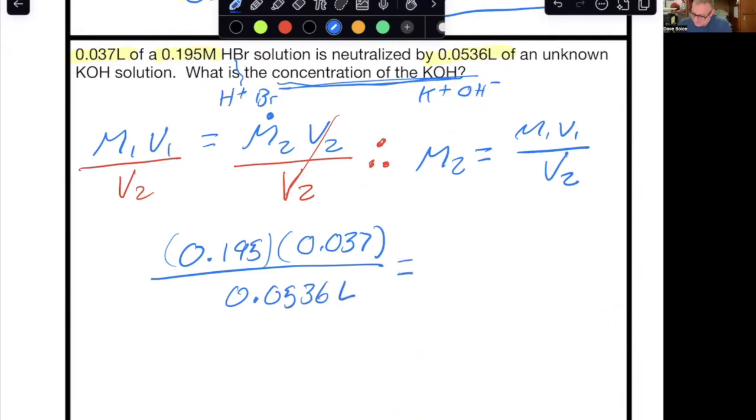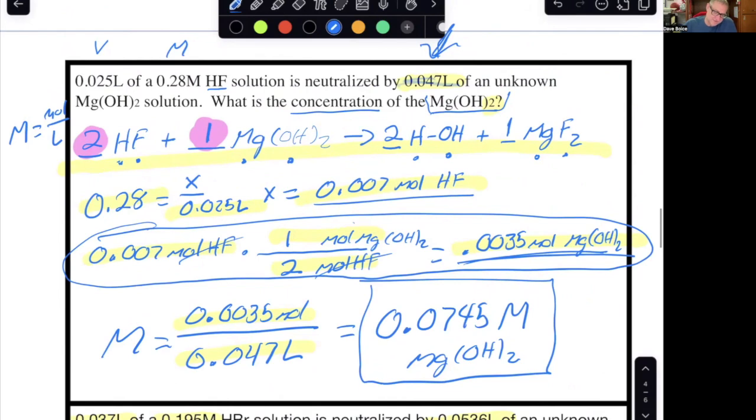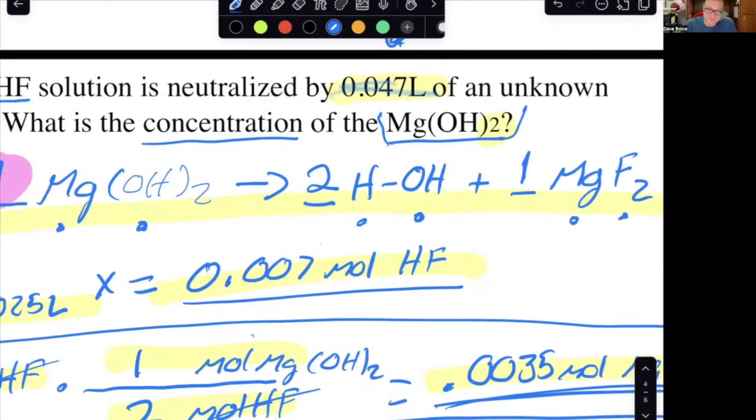And then when I put that in the calculator, I'm going to get 0.135 equals my M2, or the concentration of KOH. So this is a shortcut. It only works with the 1-to-1 ratio. So be very careful that you don't try and use this when it's not a 1-to-1 ratio.